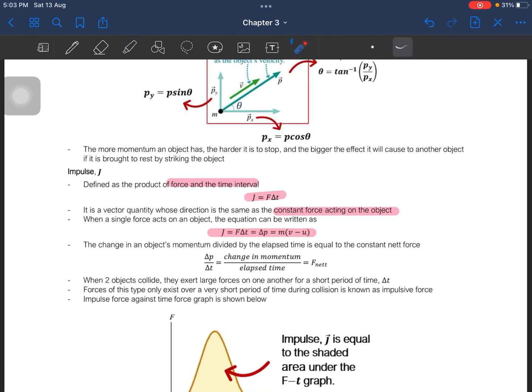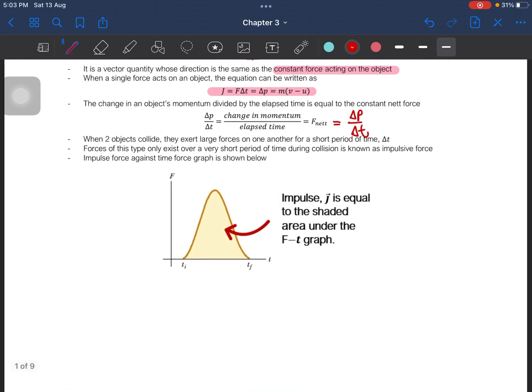Basically, impulse is equal to the change of momentum. The change in an object's momentum divided by the elapsed time is equal to the net force. So the rate of change of momentum is equal to the net force.